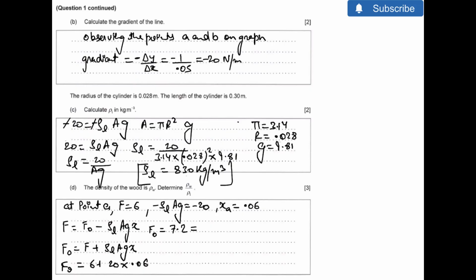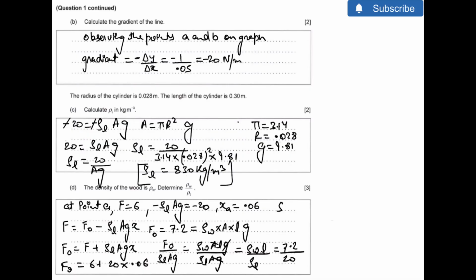And we know that F naught is mg. So mass of the cylinder will be density into area into length, complete length, and g. Okay, and if we divide F naught with this rho L Ag, then it would be rho W A L g divided by rho L Ag. Cancelling Ag, you can see that it is rho W L by rho L. And the value of F naught is 7.2, and the value of rho L Ag is 20.